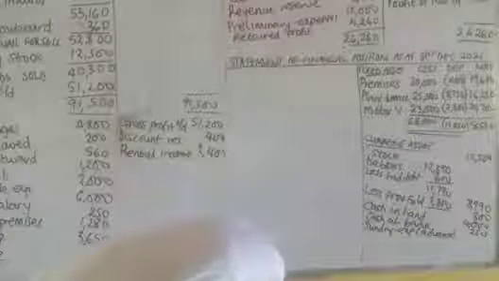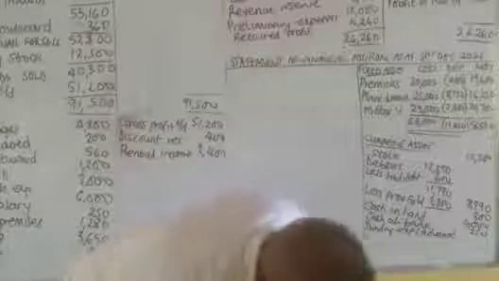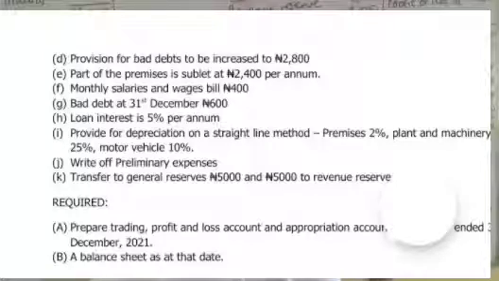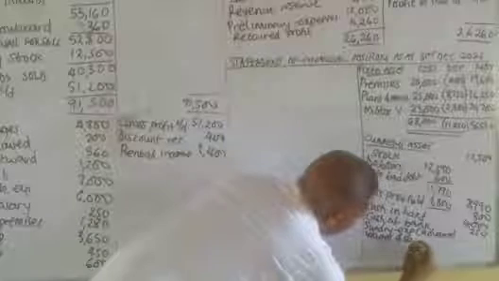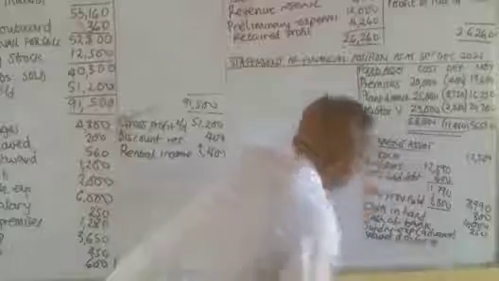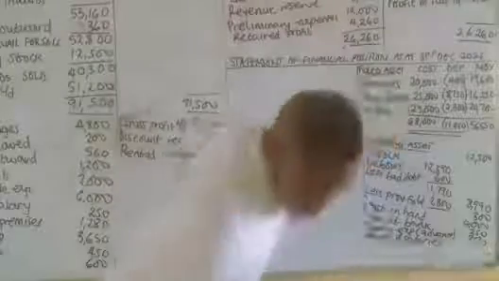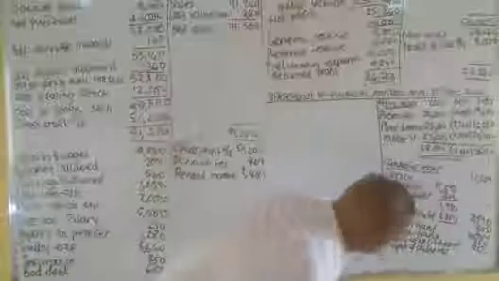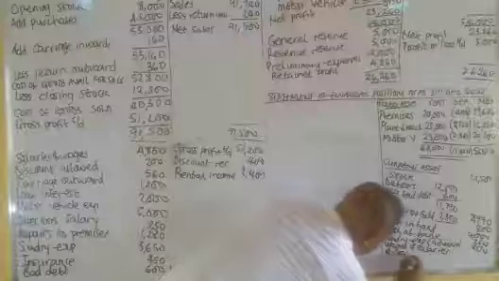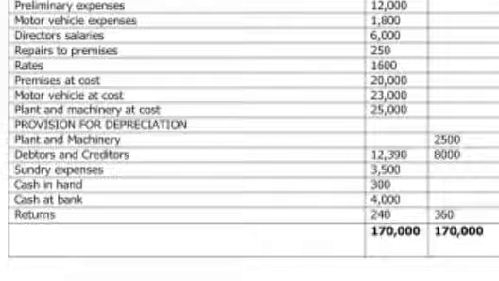And the next one, we have wages and salary. All these are items under the additional information. Wages and salaries is 200. The next one is rates. The rate is 320.